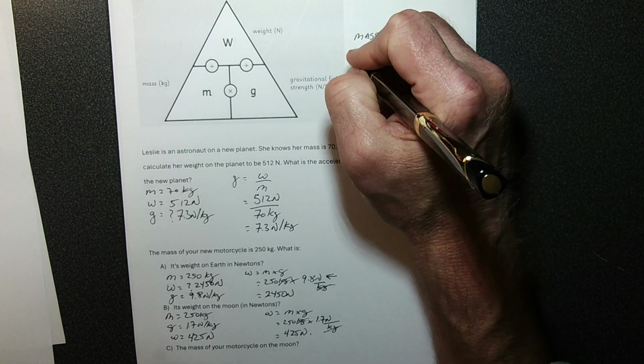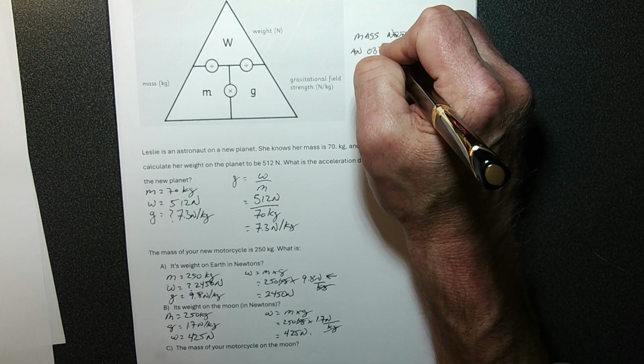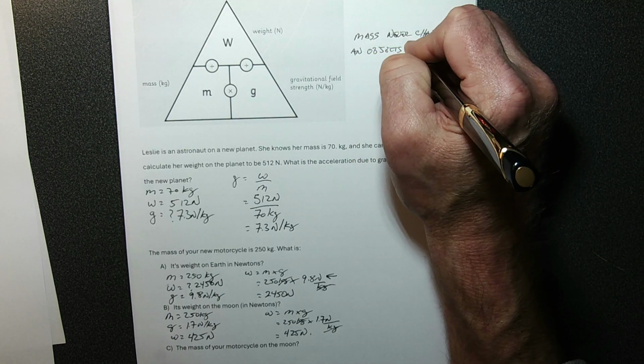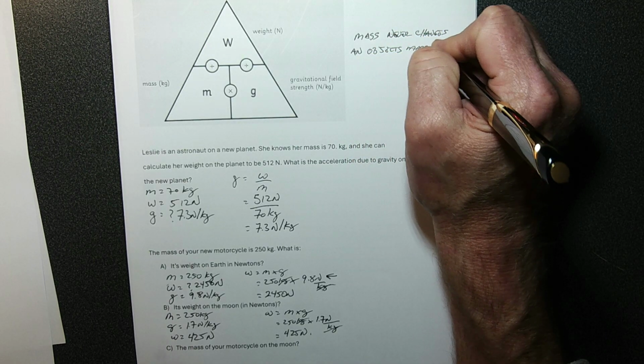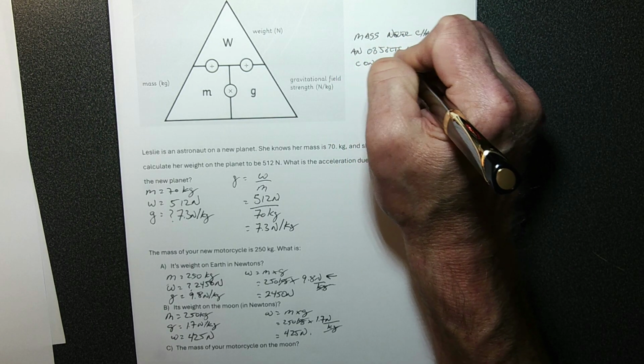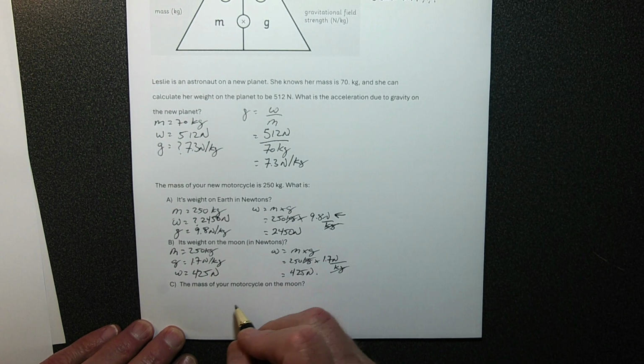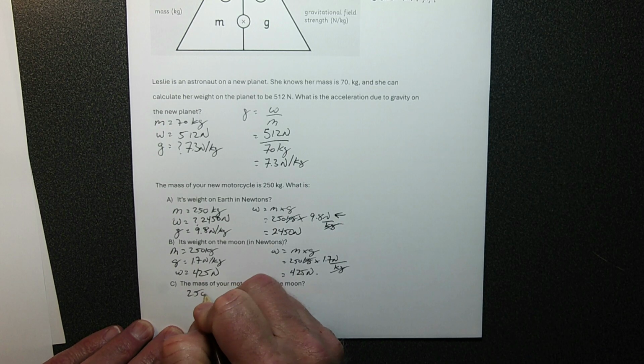So an object's mass is constant. So when you get a question like this on the test, that's like a gift. The mass here is obviously going to be 250 kilograms because it doesn't matter where in the universe this thing goes, it's going to have a mass of 250 kilograms.